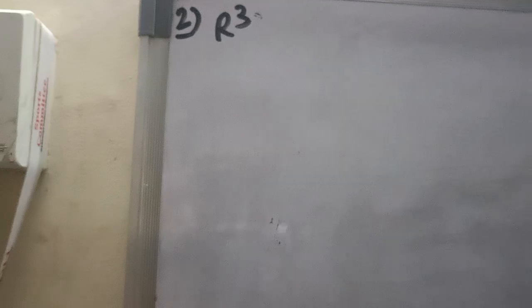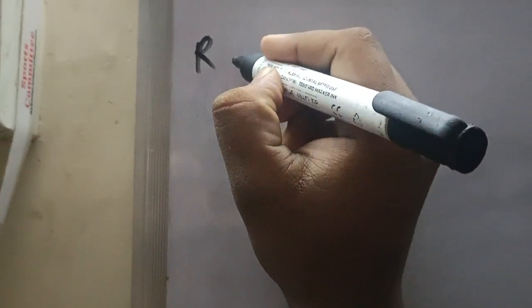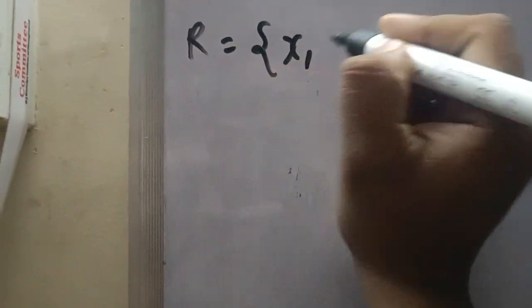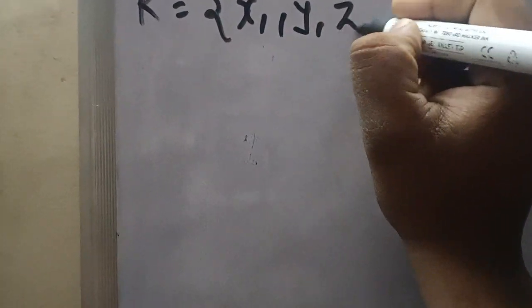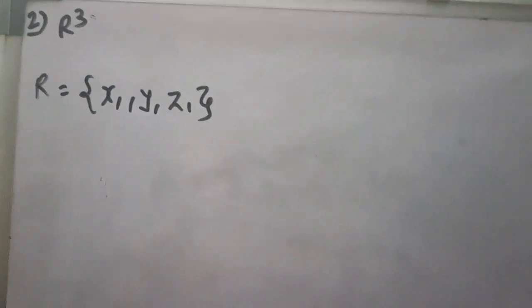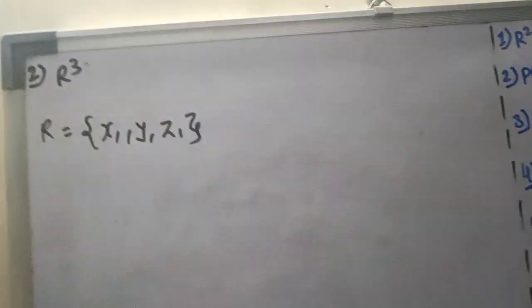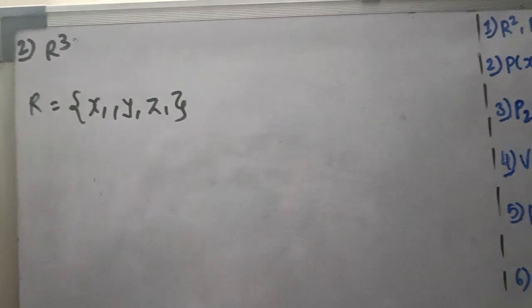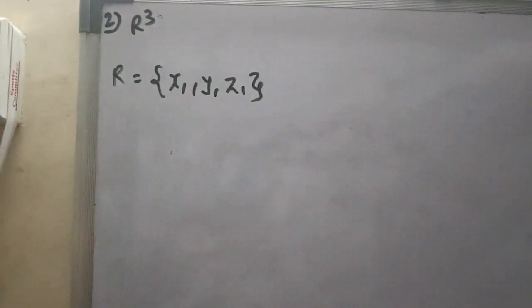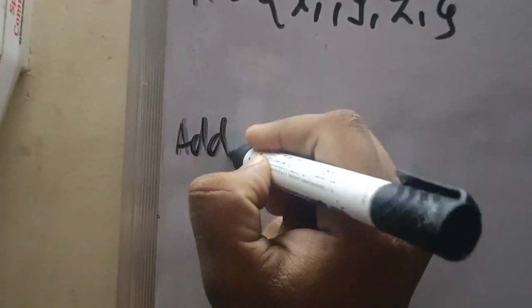Got it? Now the next question is R cube. R cube is written as x1, y1, z1. Now for our proof to check whether this is a vector space or not, first of all, it's a non-empty set. Then first of all, we'll try to satisfy the addition condition.